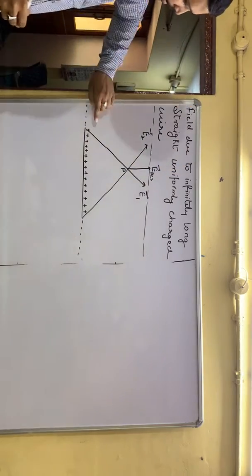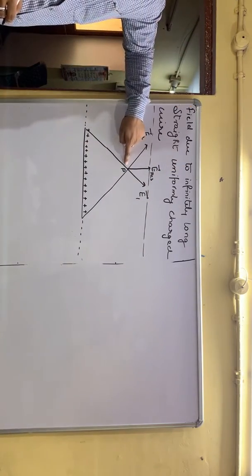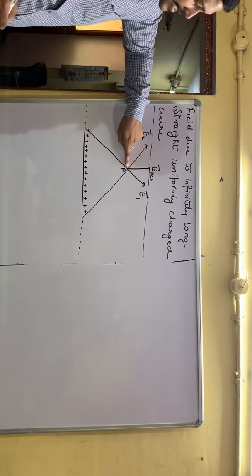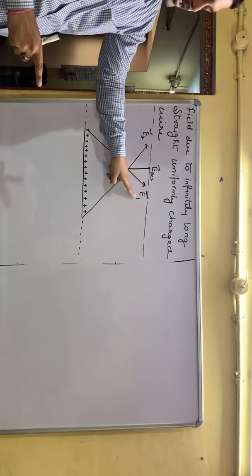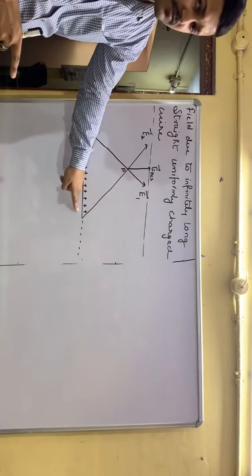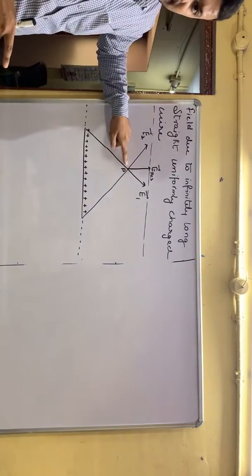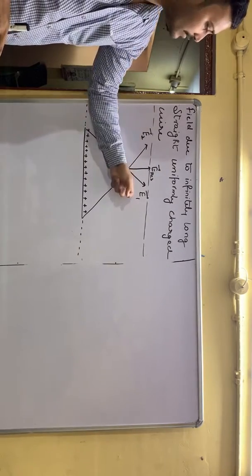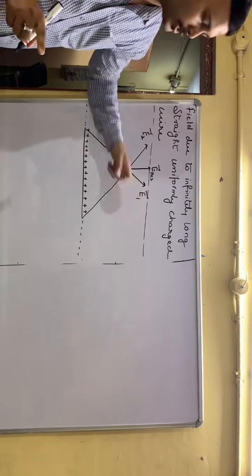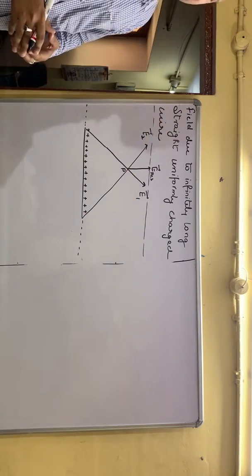This positive charge will be repulsive with respect to the test charge kept at point P, denoted by E1. This positive charge will also repel the test charge, marked as E2, and E1 and E2 will have a resultant which is marked as E resultant.